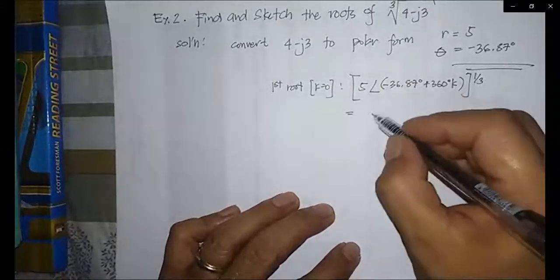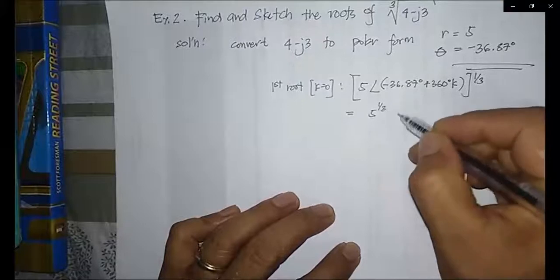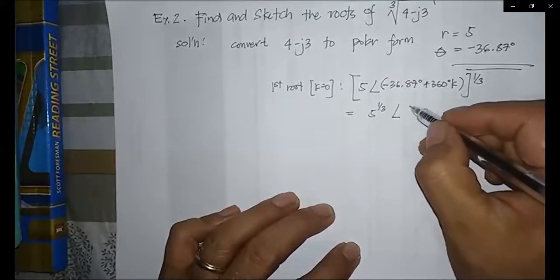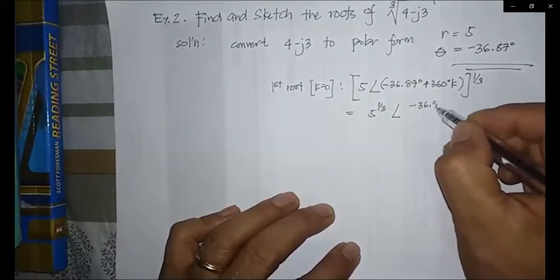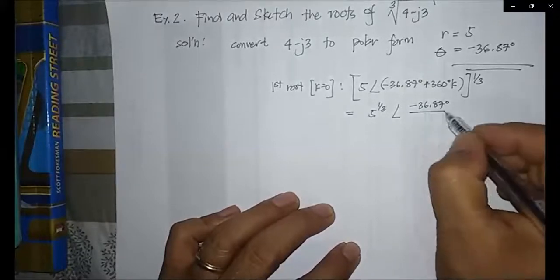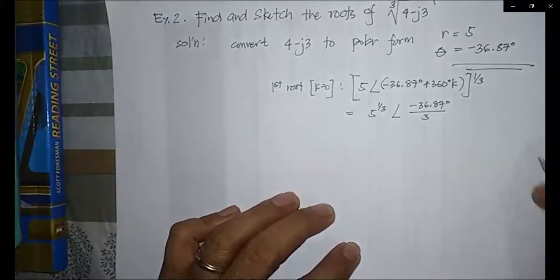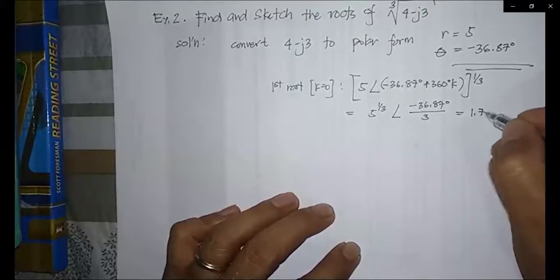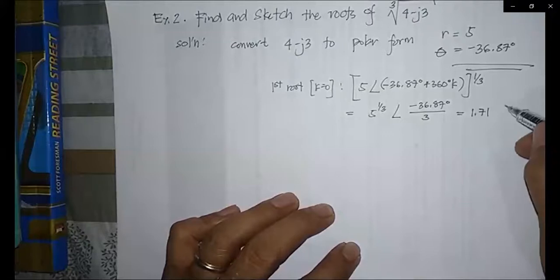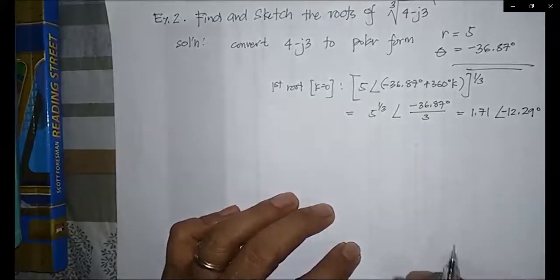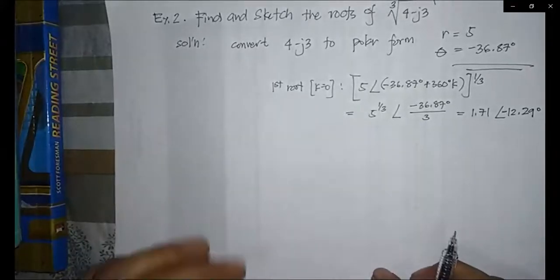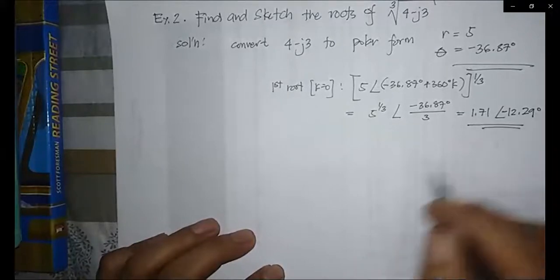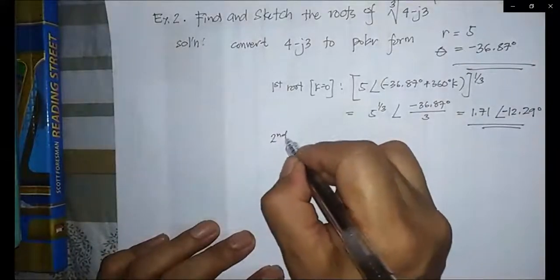After simplifying it further, that will become 5 to the power of 1/3. Take note, k is equal to 0, so what will remain there is negative 36.87 all over 3. The cube root of 5 is equal to 1.71. Take out your calculator, and negative 36.87 divided by 3 is equal to negative 12.29. That will be our first root.